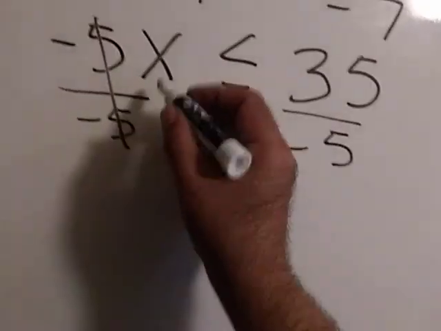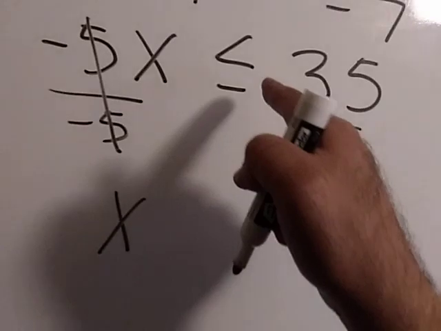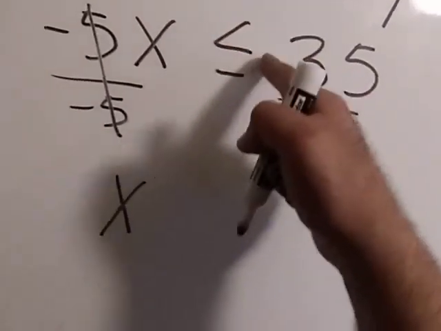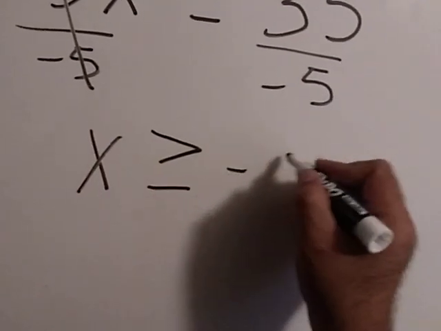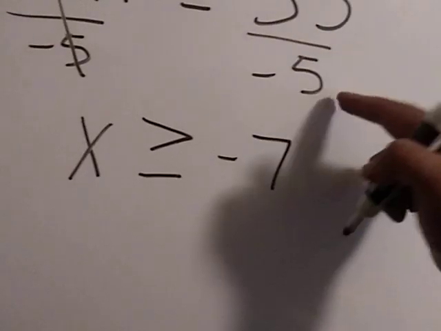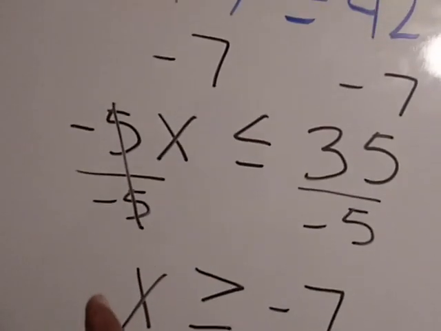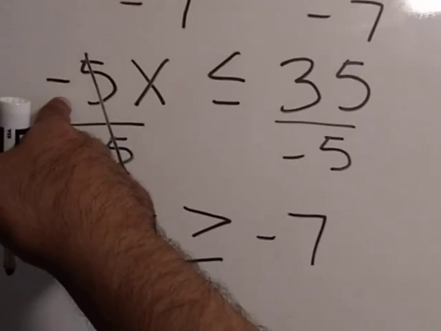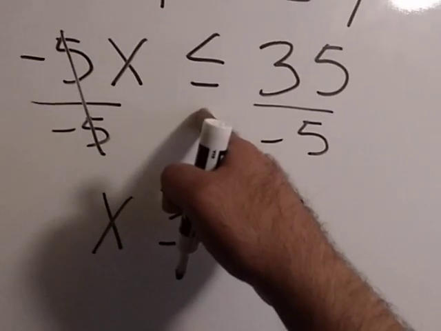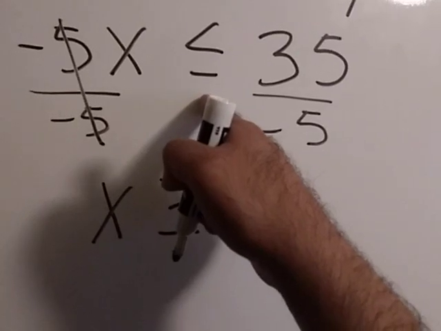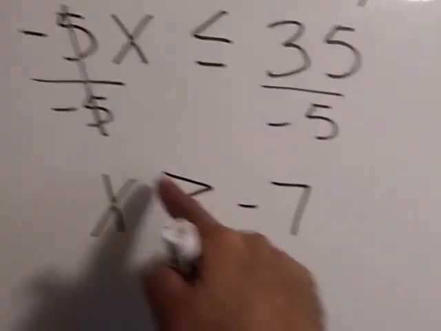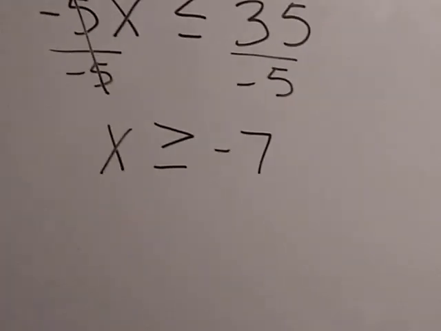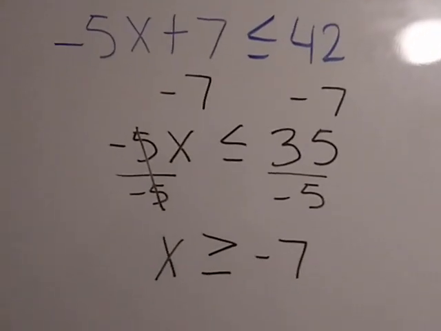These cancel out, the x is brought down, but now instead of being less than or equal to, it becomes greater than or equal to negative 7, because we divided 35 by negative 5. So again, guys, please notice that when you divide by a negative number across an inequality sign, that sign switches. It went from less than or equal to, to greater than or equal to negative 7. And I'll let you see the whole problem there.